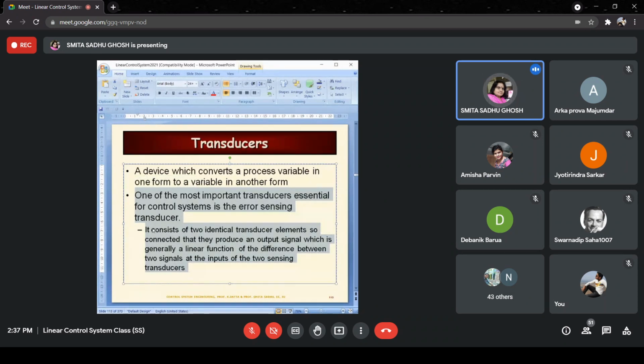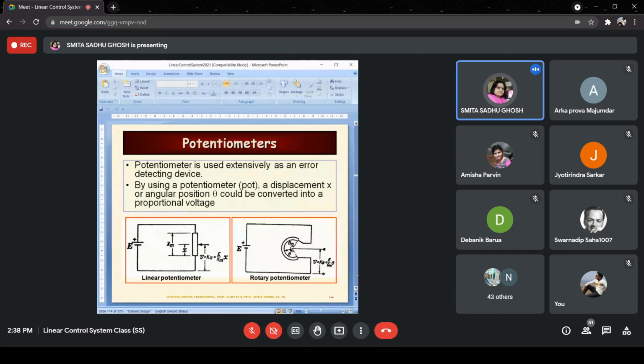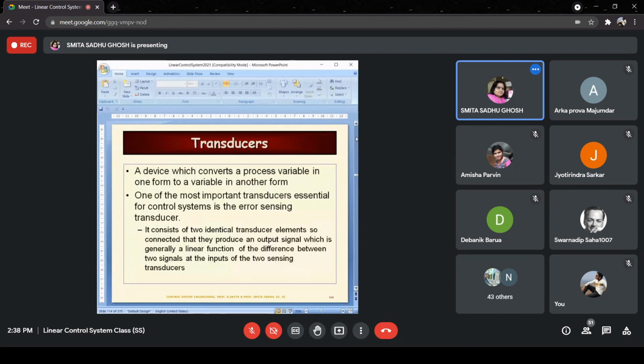Now the error sensing transducer consists of two identical transducer elements so connected that they produce an output signal which is generally a linear function of the difference between the two signals at the input of the two sensing transducers. I'll come to that in a moment with the help of diagrams. As far as the diagram is concerned, it doesn't show you an error sensor right now. We will go to error sensors, but before that, we'll go to something known as potentiometers.